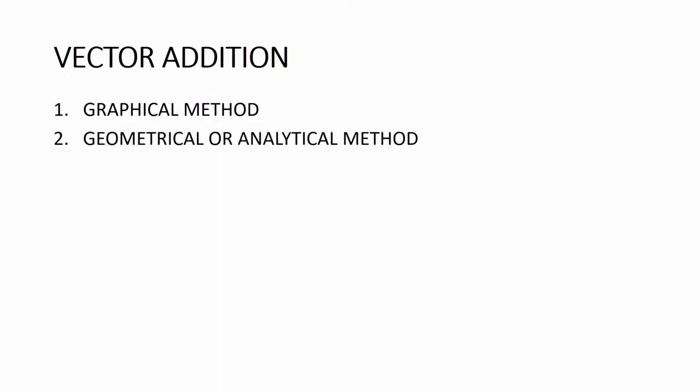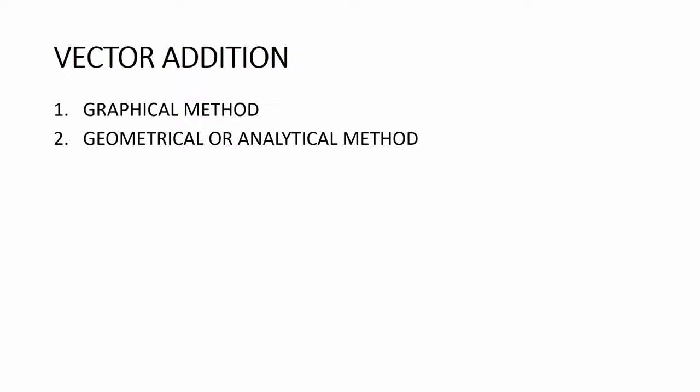We have two methods in adding vectors, but in this video lesson, we'll be focusing more on the graphical method. The first method in vector addition is the graphical method, and the second one is the geometrical or analytical method.